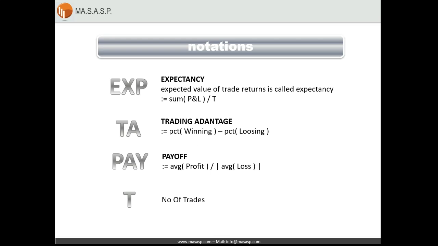That is the ratio which measures the average winning return with respect to the average losing return. The goal here is to have a ratio bigger than 1, which means average win bigger than the average loss. Let me say then that a positive expectancy, which is our goal, stems either from a positive trading advantage or from a payoff bigger than 1.